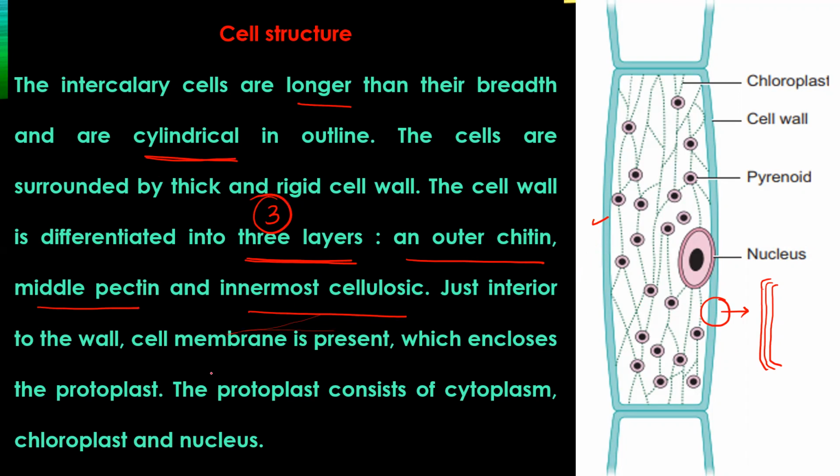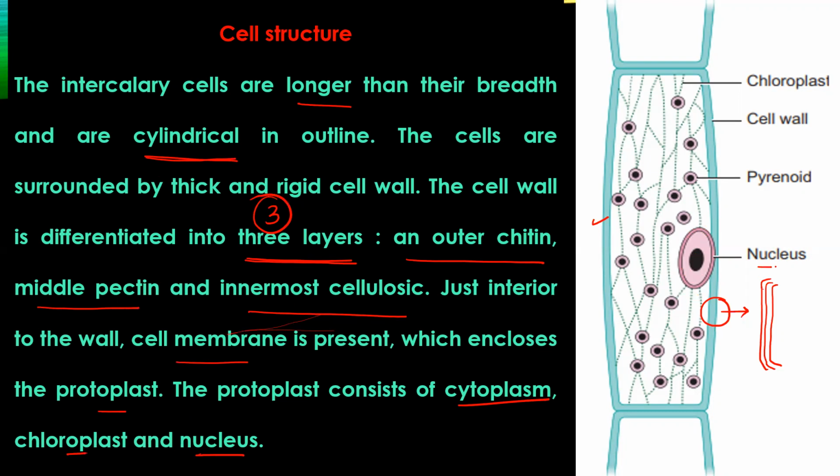Okay, just interior to the wall, the cell membrane is present, which encloses the protoplast. The protoplast consists of cytoplasm, chloroplast, and nucleus. Obviously, this is not a primitive one, so it will definitely have one well-defined nucleus.